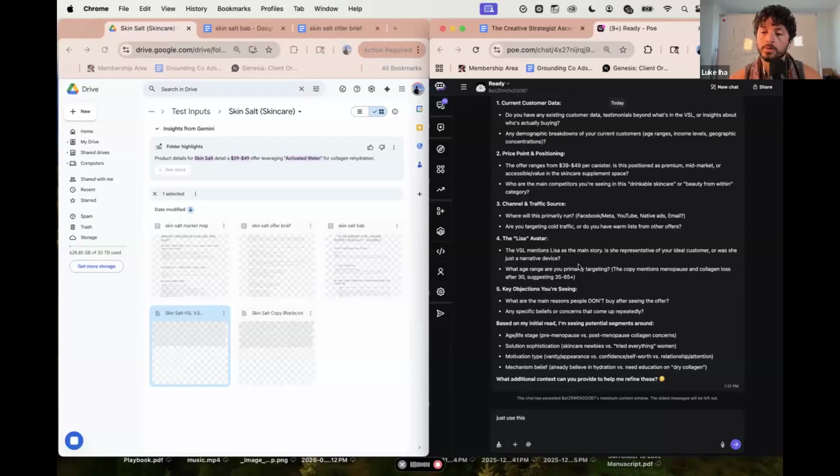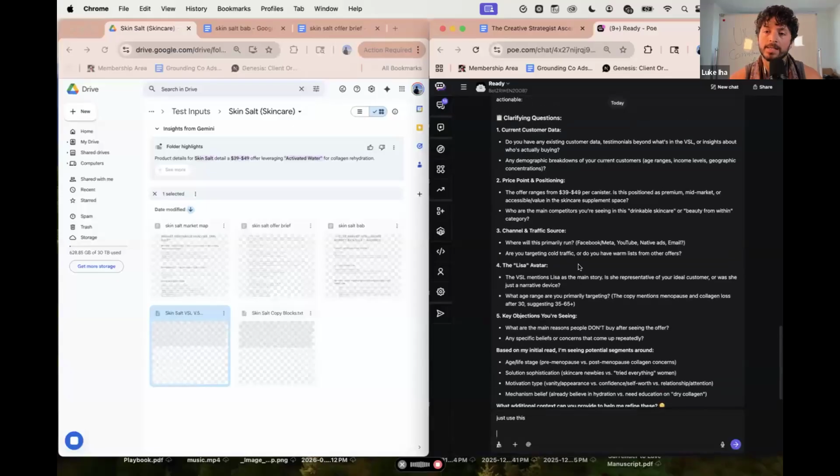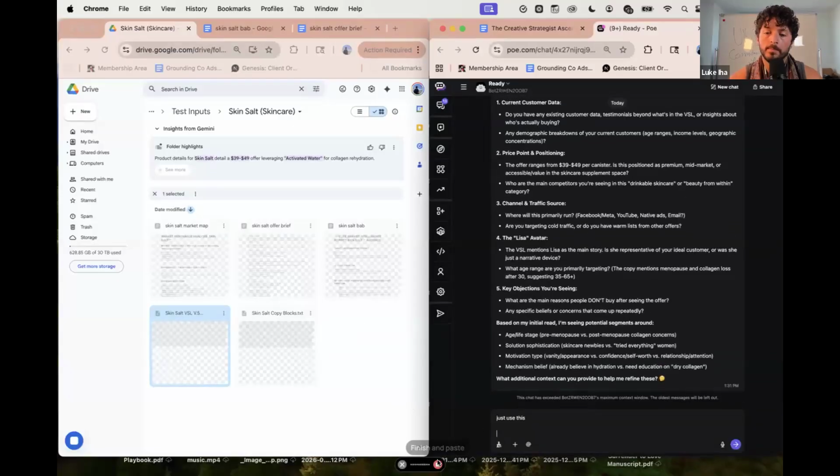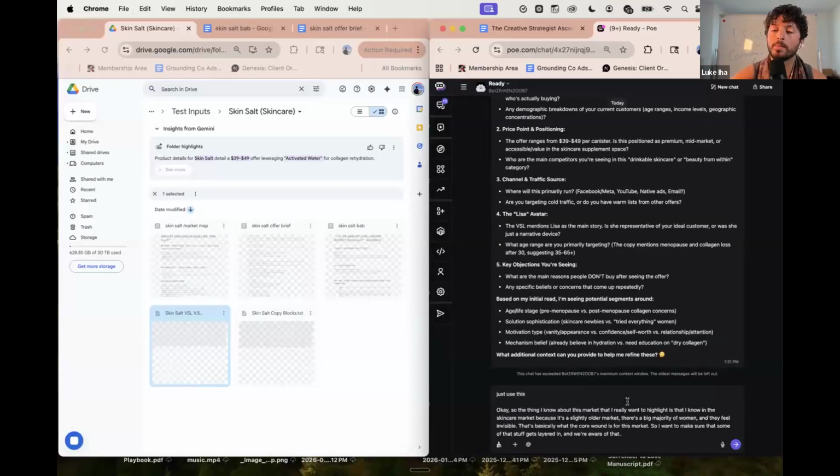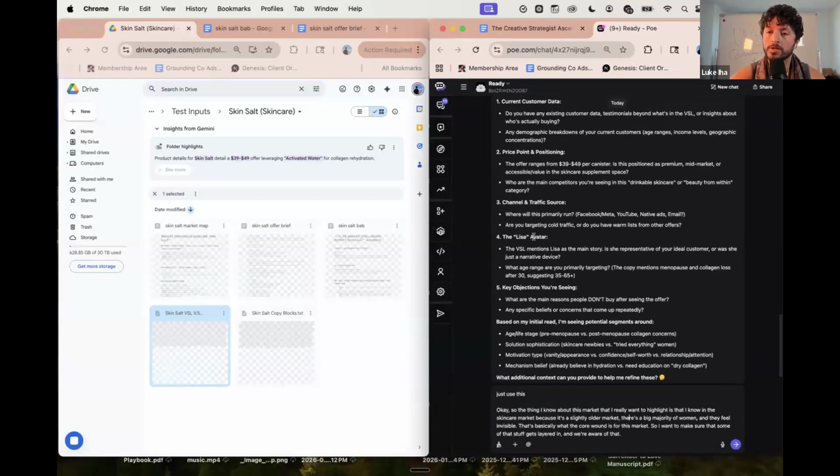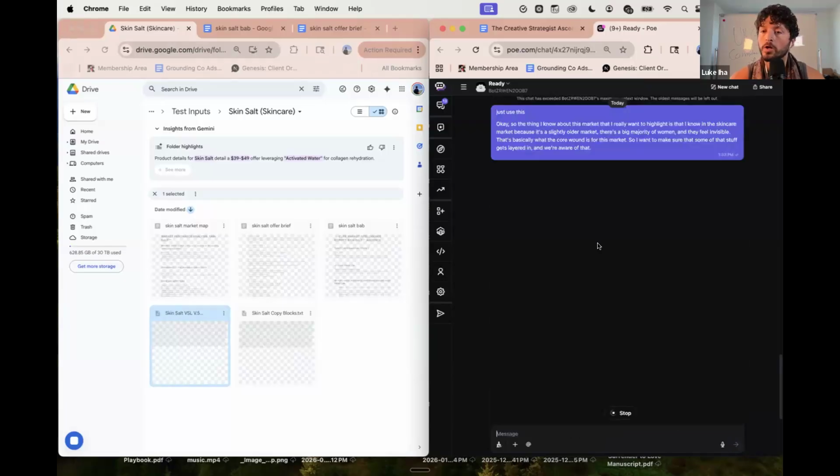That's basically the core wound for this market. So I want to make sure some of that gets layered in and we're aware of that. Just to give you an example, I'm not saying that's exactly what you would say. You would answer these questions that are in here, but you can see that using Whisperflow like this is powerful when you want to do a brain dump.